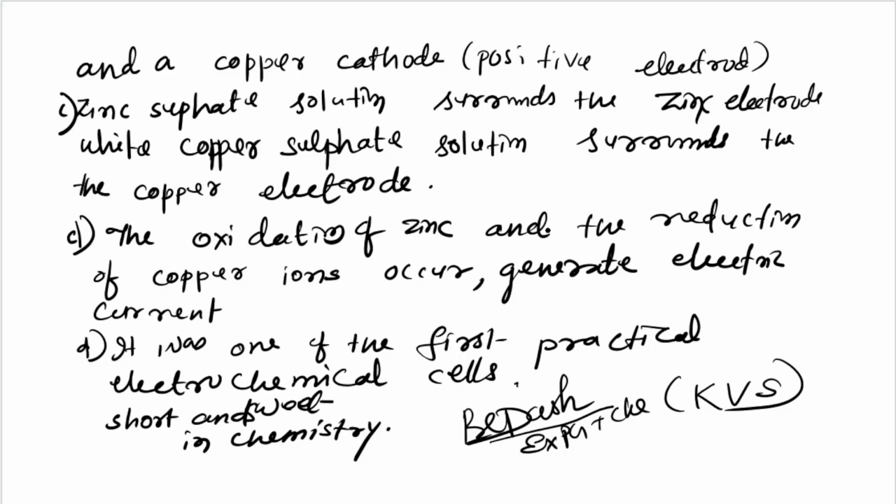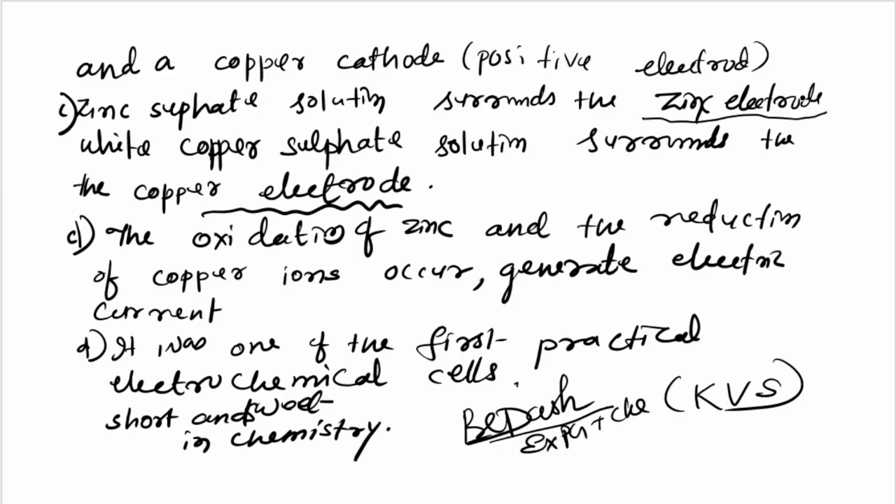Zinc sulfate solution surrounds the zinc electrode. You put the zinc electrode in the zinc sulfate solution, and similarly copper sulfate solution surrounds the copper electrode. That means in the Daniell cell only two electrodes are mainly used: zinc electrode in zinc sulfate solution, copper electrode in copper sulfate solution.